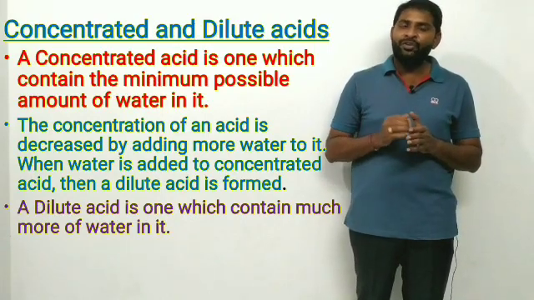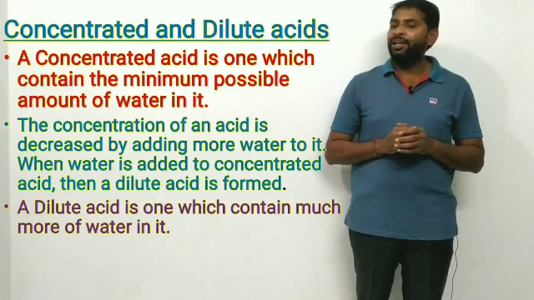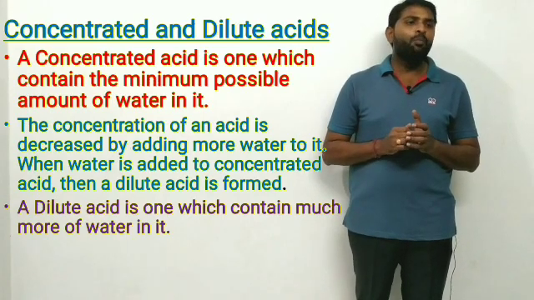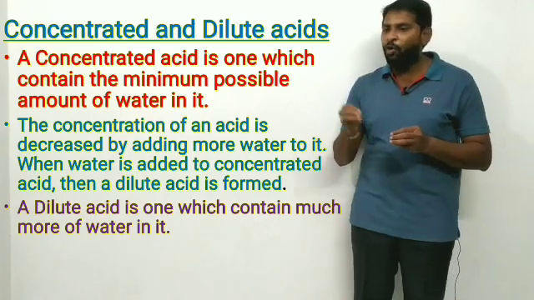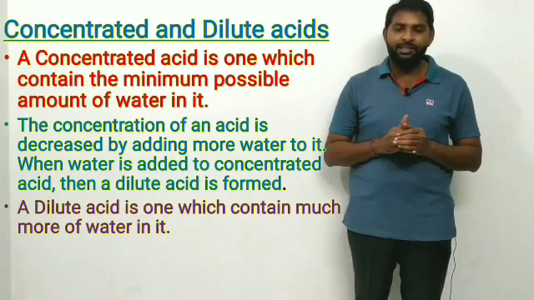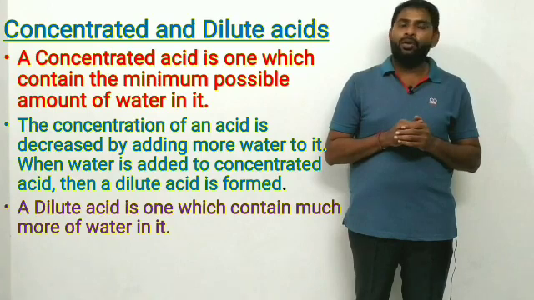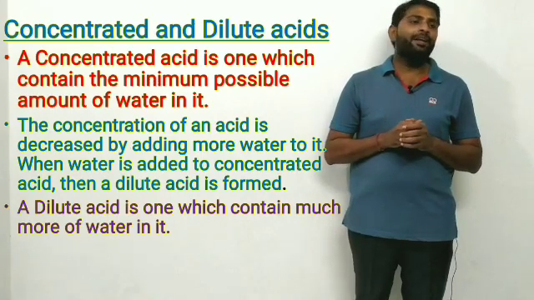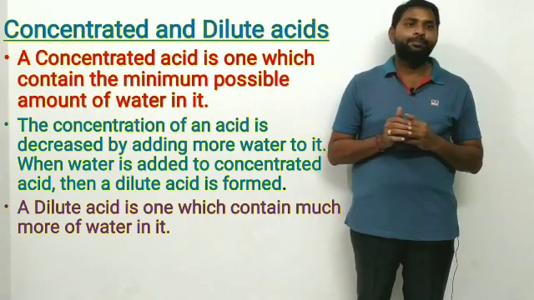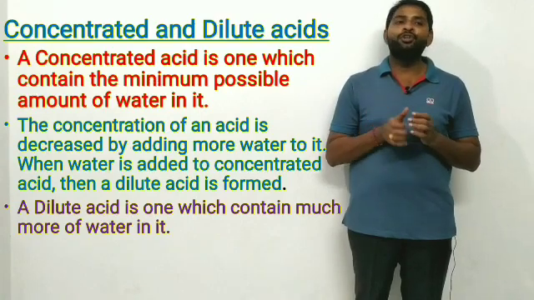The concentration of an acid is decreased by adding more water to it. By adding water to the concentrated acid, we can reduce the concentration. So when water is added to concentrated acid, it forms a dilute acid.